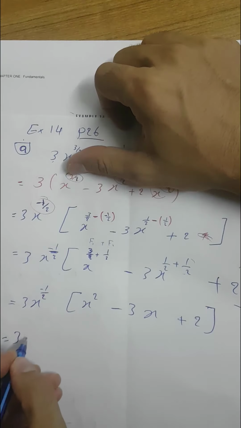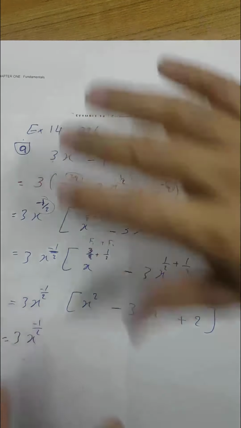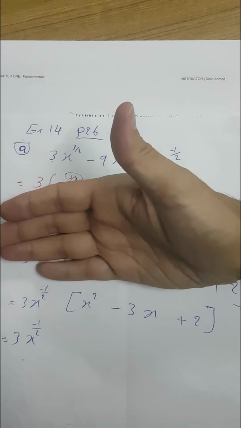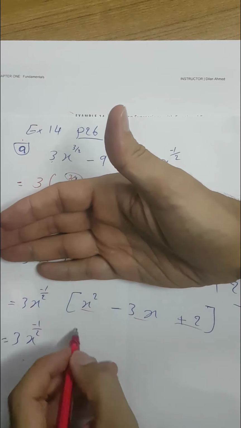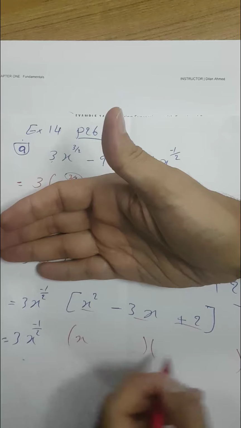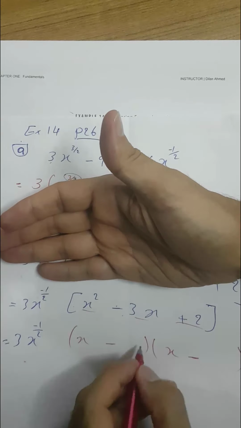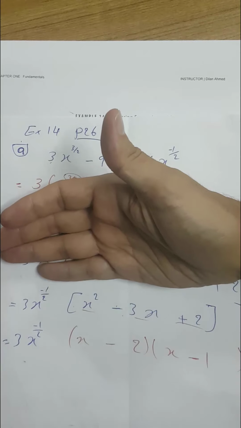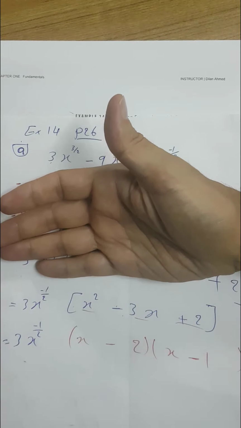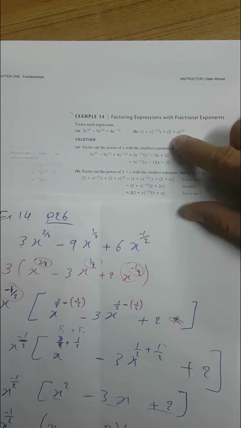Now again, you finished the most hard part. Now it's easy. We have a trinomial. So how do we deal with the trinomial? You know, by factoring into binomials. Try to solve this one, please.